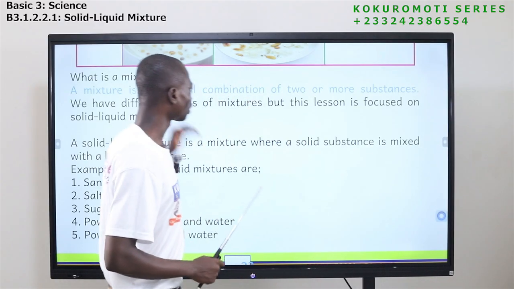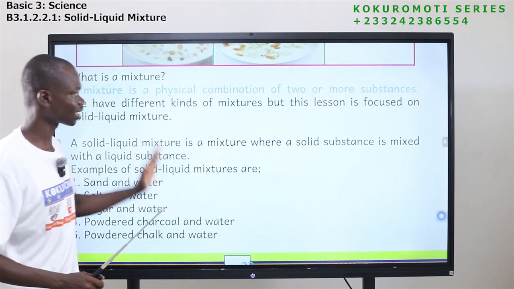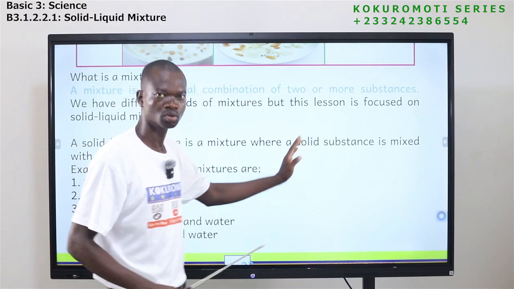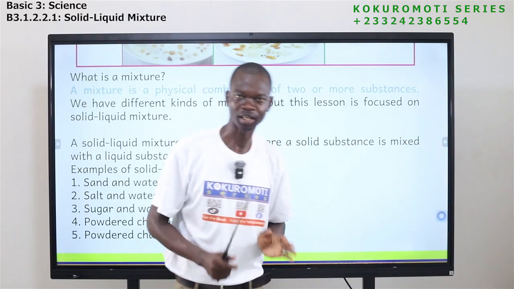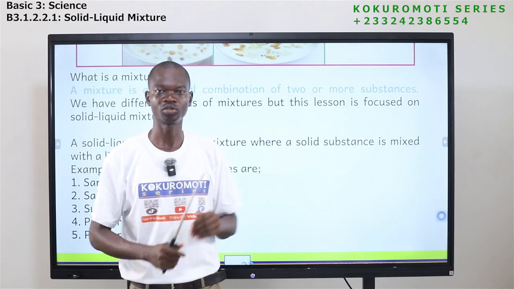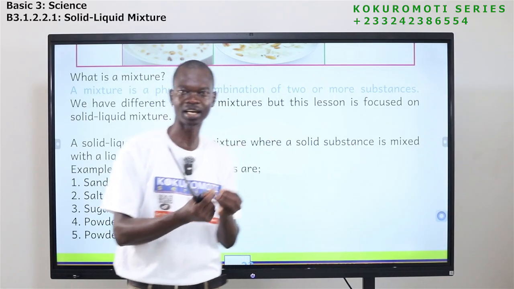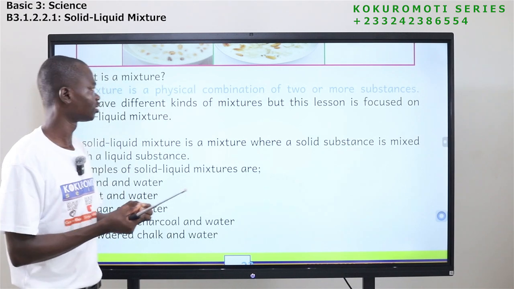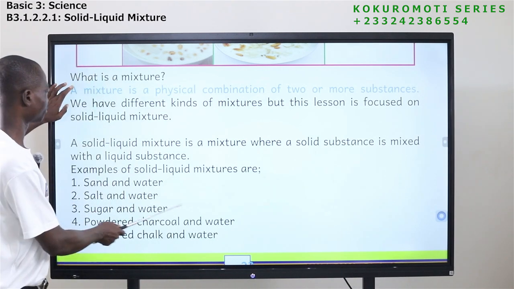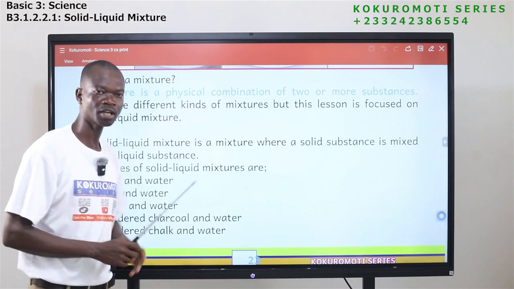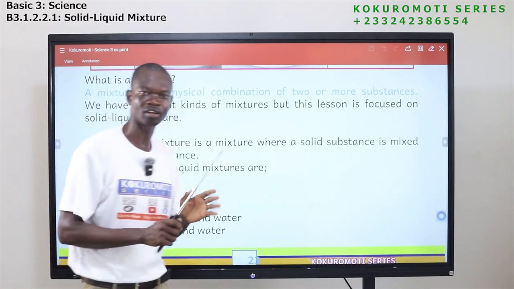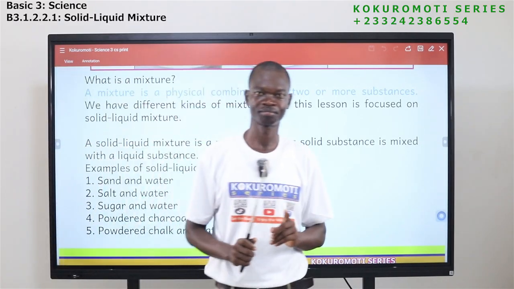Okay, so a physical combination of two or more substances, we call it what? Mixture. So to combine means to put together. Now we have different types of mixtures, but our focus is on one.